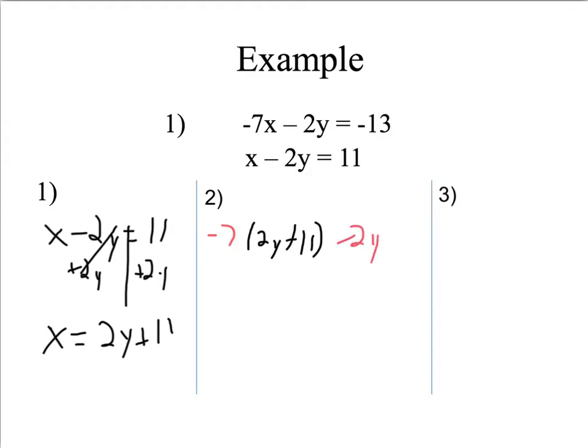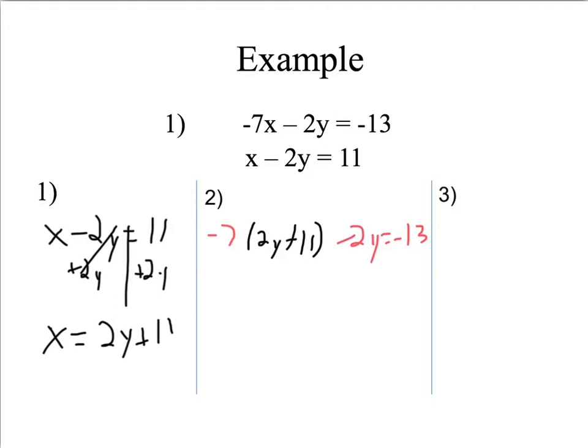Minus 2y is equal to negative 13. A good, nice check to make sure you substituted correctly in the second column is you should only have one letter. You should only have the same letter. In this case, I only have a y, so I substituted correctly.